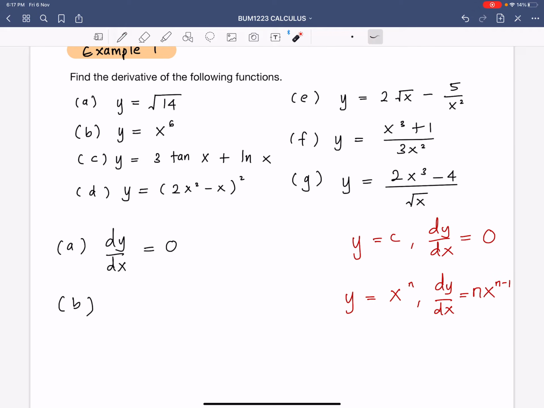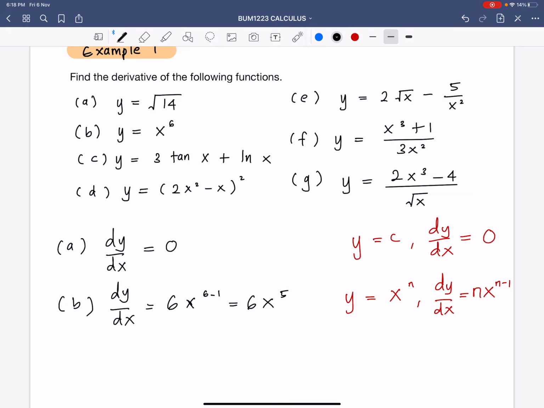Since we have x power of 6, which is in the form of x power of n, where n is equal to 6, then dy/dx is equal to 6, which is n, times x power of 6 minus 1, which is 6 times x power of 5.